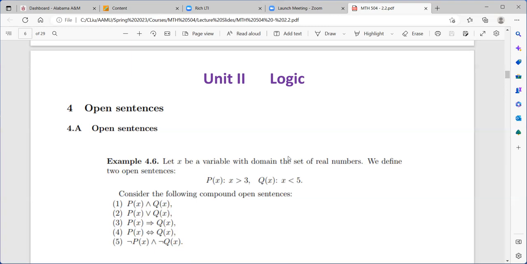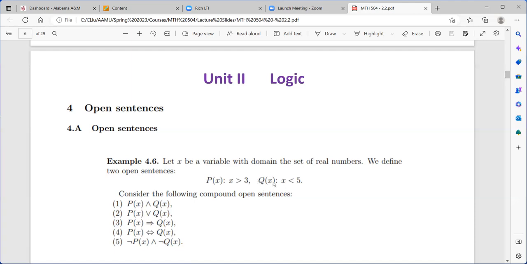So x is a real number. We define two open sentences, P of x and Q of x, where P of x is defined as x greater than 3. So that's an open sentence. If you specify the value of x, it becomes a statement. It has a truth value in that case.